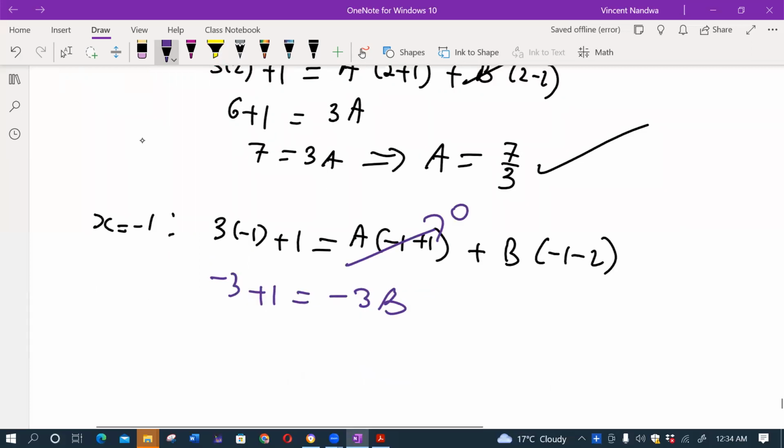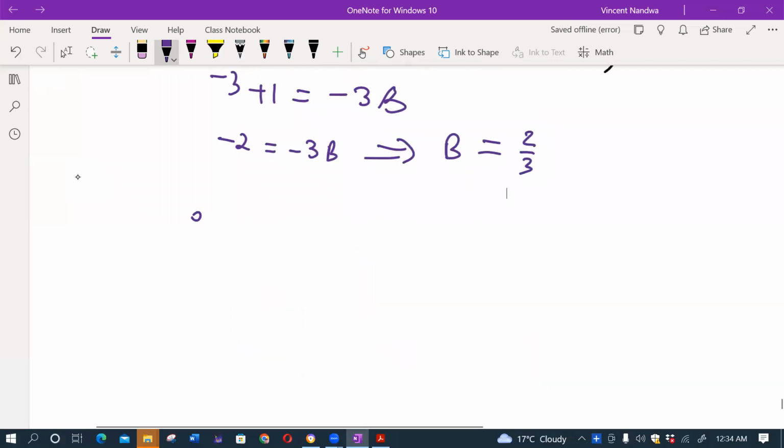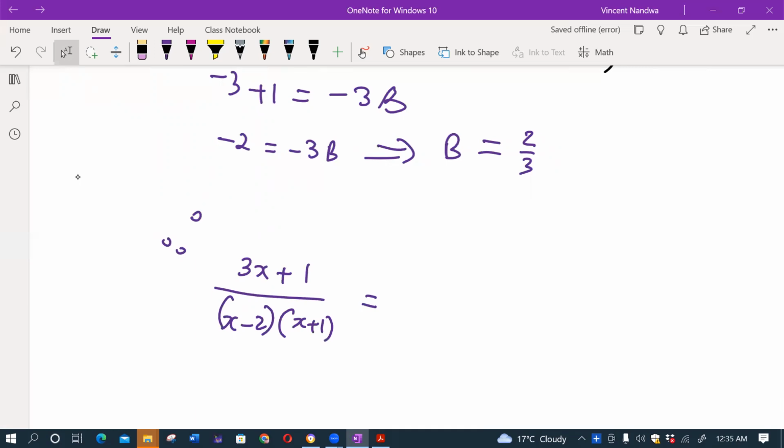So this will be minus 2 equals minus 3b, which means b equals 2 over 3. So therefore, the function (3x plus 1) over (x minus 2)(x plus 1) will be given by 7 over 3 over x minus 2 plus 2 over 3 over x plus 1.